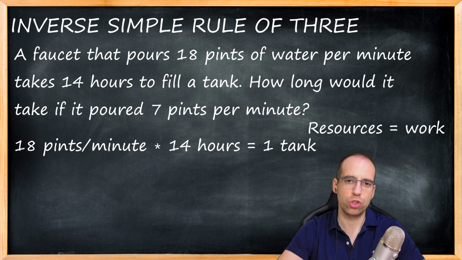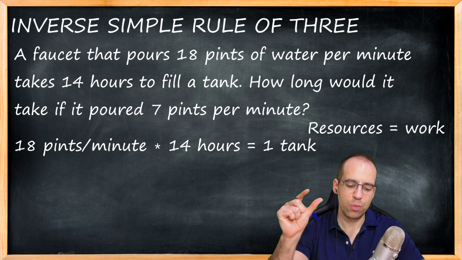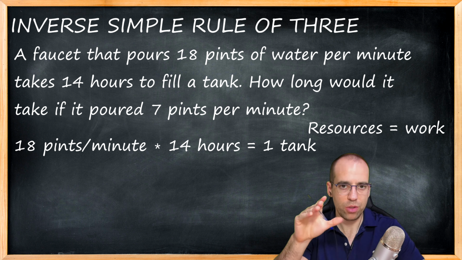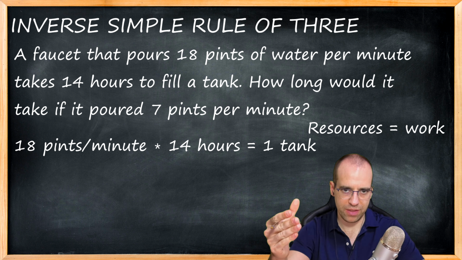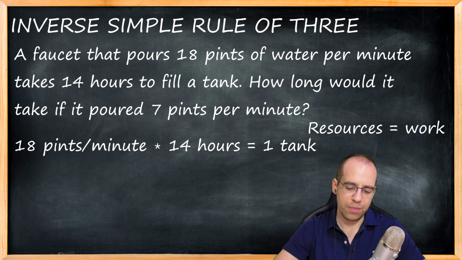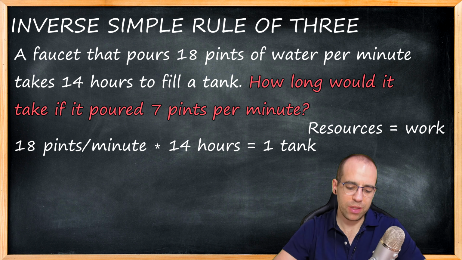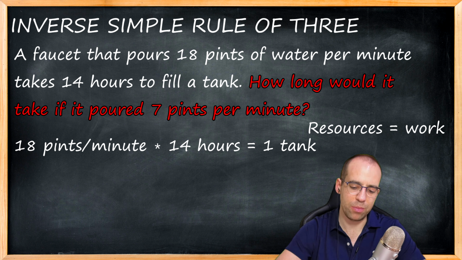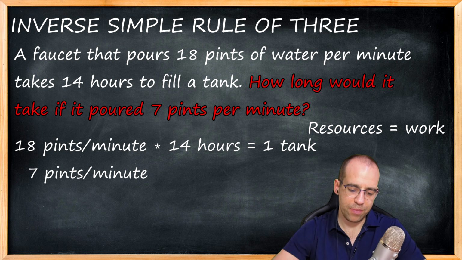Let's look at the proportion for the question, trying to keep the same order as in the statement. Not for any particular reason, just to clarify things so you don't get confused. It's not strictly necessary, okay? So it says, how long would it take if its flow rate were 7 pints per minute? Here we have the first measurement, 7 pints per minute. And then, how long would it take? The second measurement is where we find the unknown.